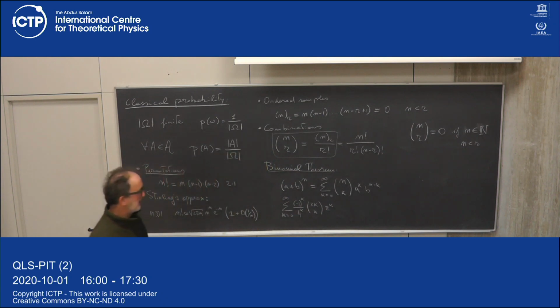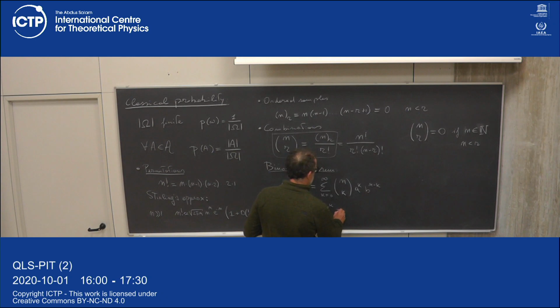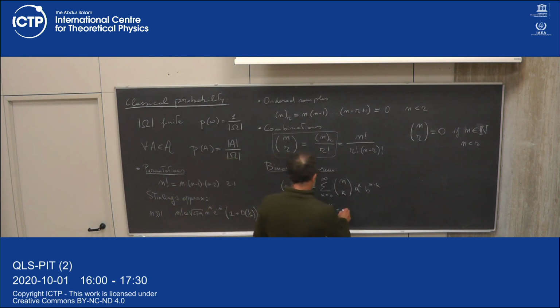If you take this series, which looks apparently very complicated, however, this is nothing but, from what I wrote before, the sum from 0 to infinity of minus 1/2 choose k times z to the k.